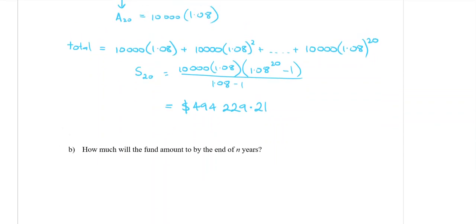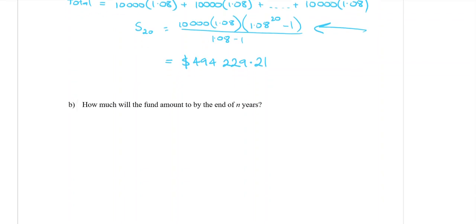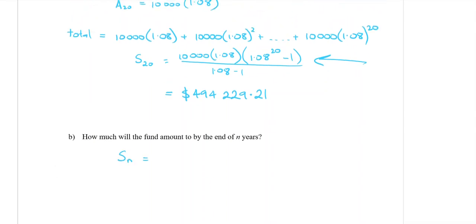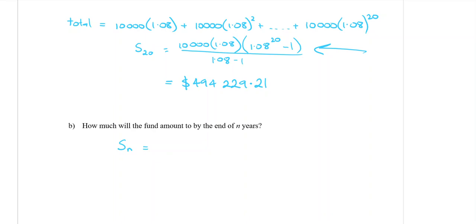So if I use this line here, this was for 20 years, so I had a power of 20. I could generalize this to be the sum of n years. All that's going to change is that power of 20 is going to become an n, because that's the only spot in the formula where you sub n in.